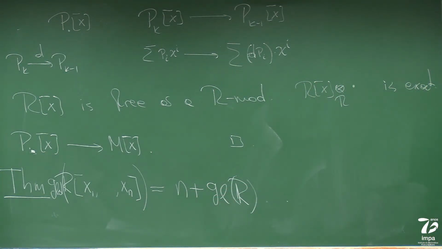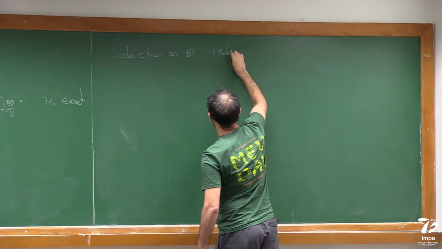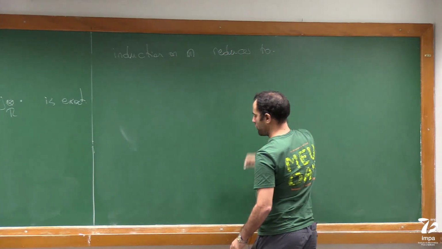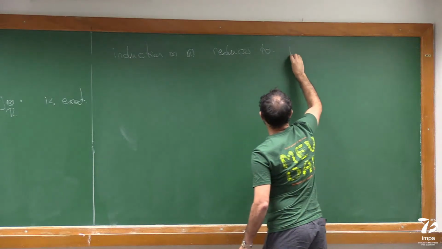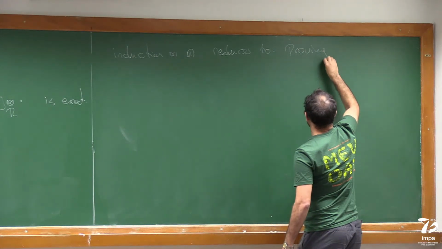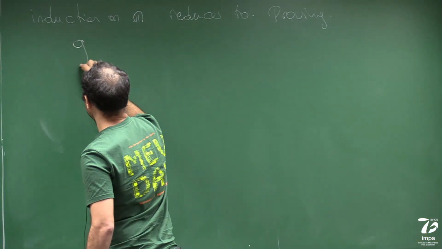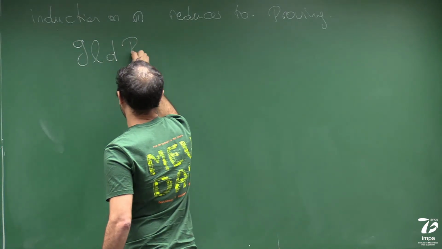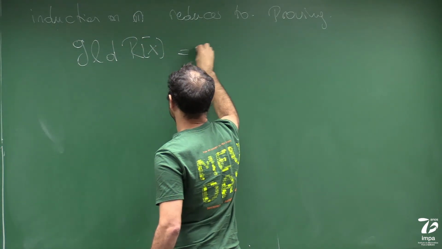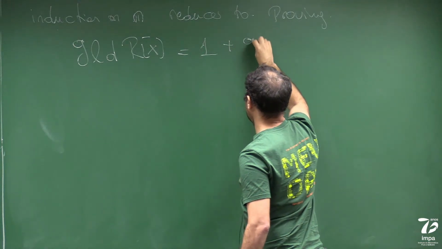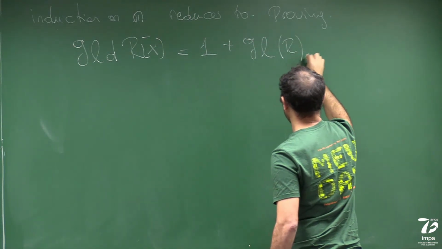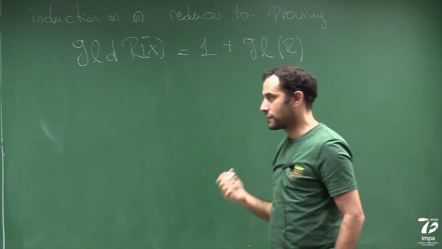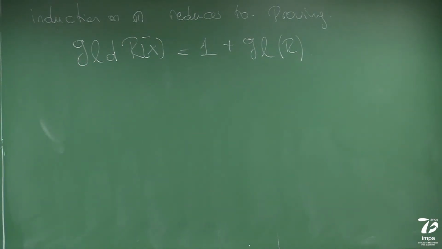Induction on the number of variables n reduces to proving that the global dimension of R[x] is equal to 1 plus the global dimension of R. So if I prove that, then you just apply that theorem n times and you're going to get this.